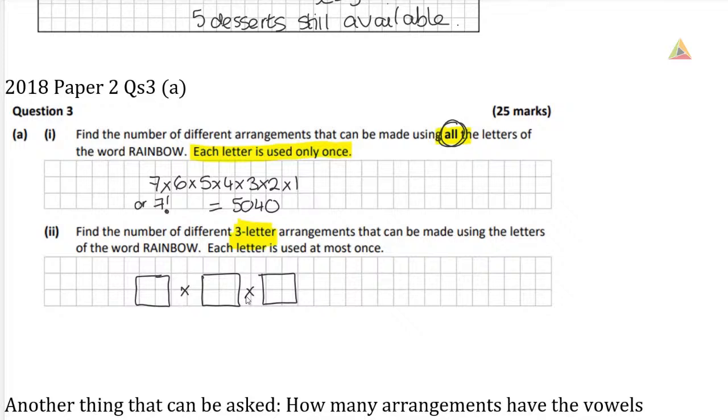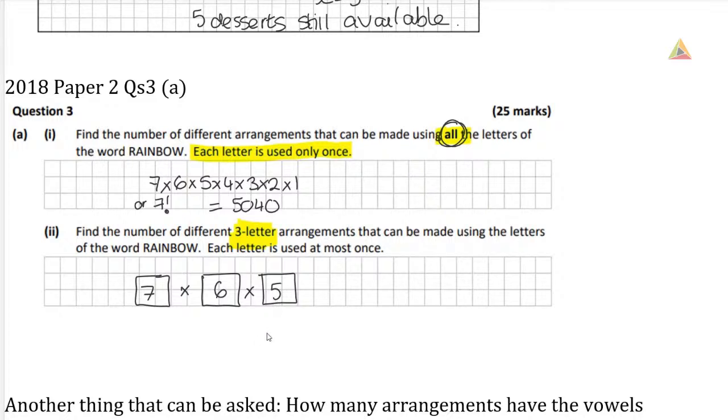When I start with this, I have 7 letters and I can pick any of those letters to go into the first box. We had 7 letters in the word rainbow, so we have 7 options for the first box. Like in part 1, we've used one of those options, so now we only have 6 options for the next box. Now we've used 2 of our options, so we only have 5 options left.